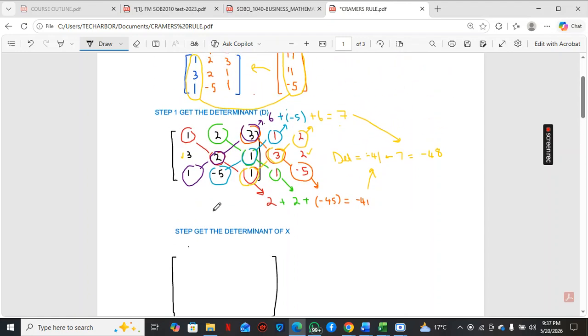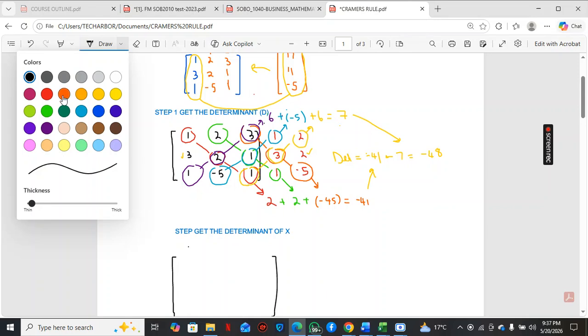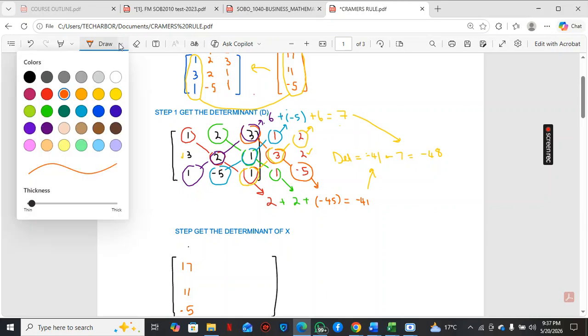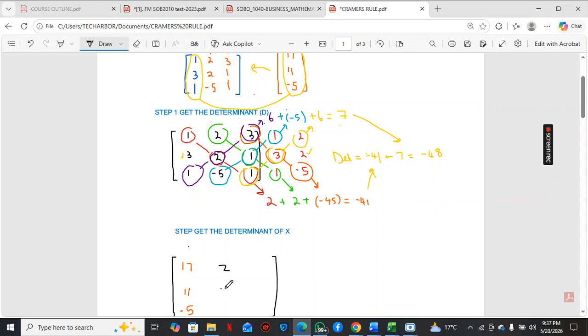In the x column, we're going to put the 17, 11, and -5. Then the y column stays the same, 2, 2, -5, and the z column stays the same, 3, 1, 1.